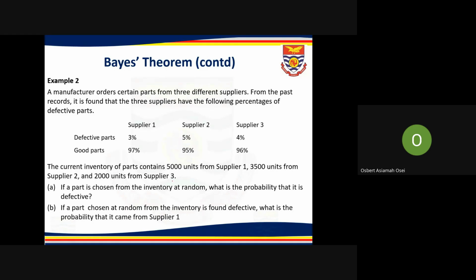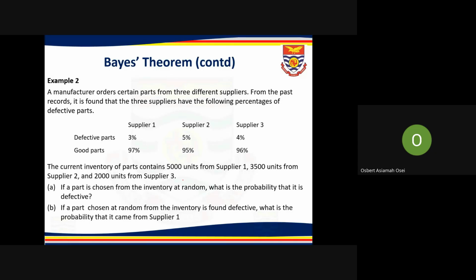The important information is the first table here, the defective parts and good parts. After that, we write the inventory from each of the suppliers. I'm going to change the board to a white one, and we solve it so that each one of us will understand the calculations done on the next page.